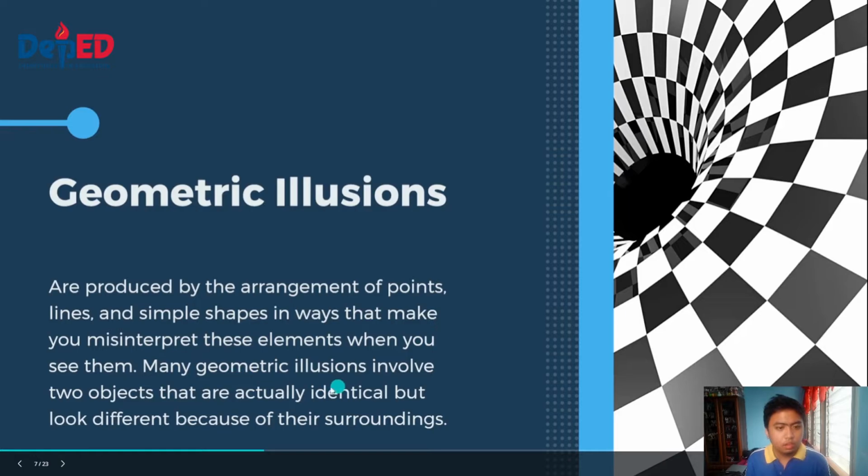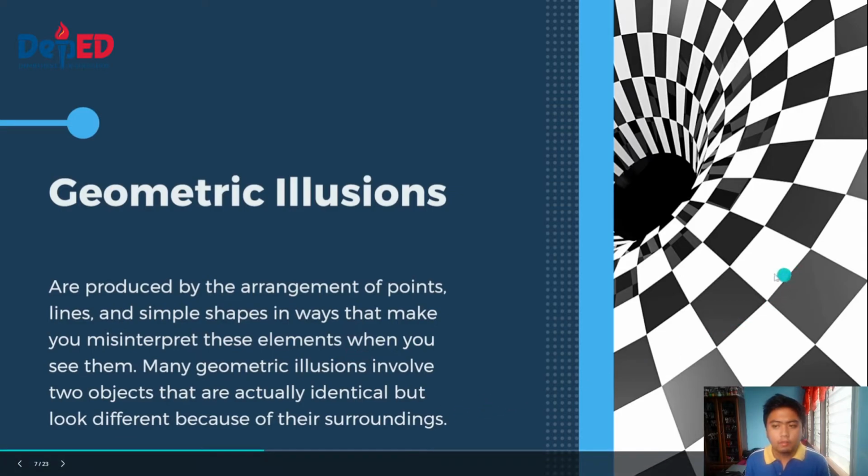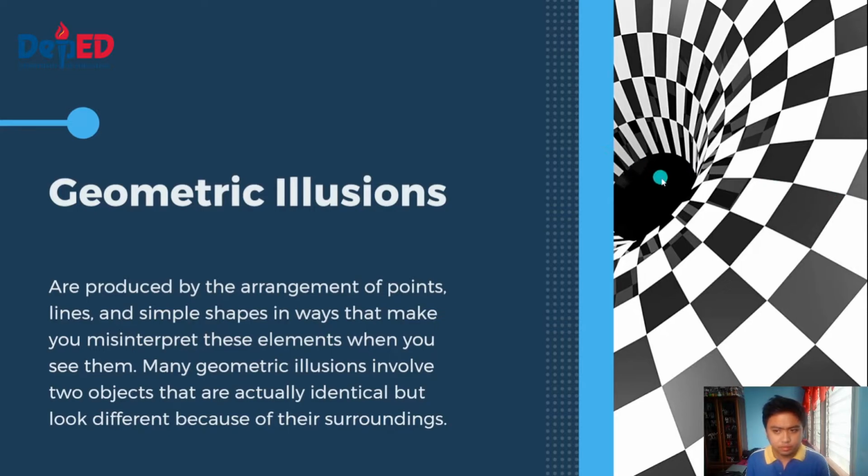So geometric illusions are produced by the arrangement of points, lines, and simple shapes in ways that make you misinterpret these elements when you see them. So basically, you're just using shapes. For example, here, you might think there's a little 3D effect on the picture, but in reality, you're just using squares, the cubes, but having different perspectives.